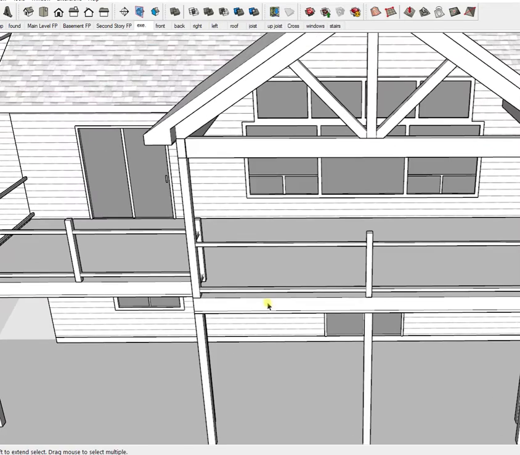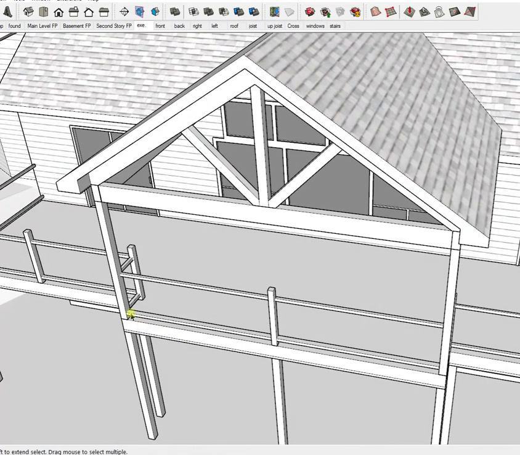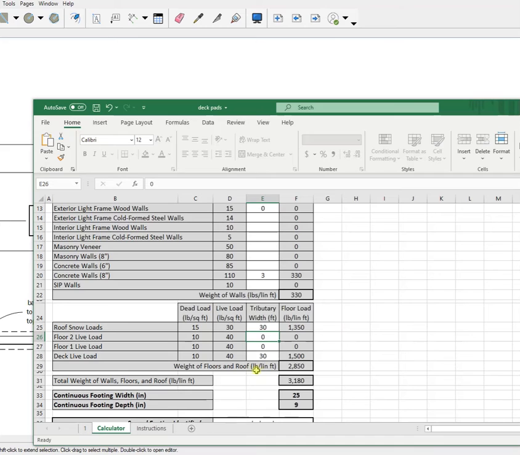But again, this post here is carrying half of that between here, and then it's for floor, and it's carrying half of that. So half of this, rounding it up, is 5 feet, and then half of this is 12 feet. So you put in 5 times 6, and that's 30.